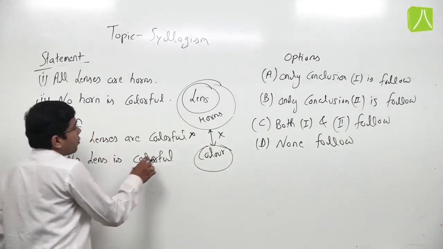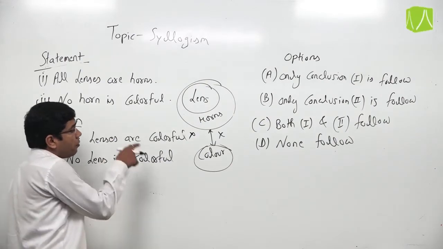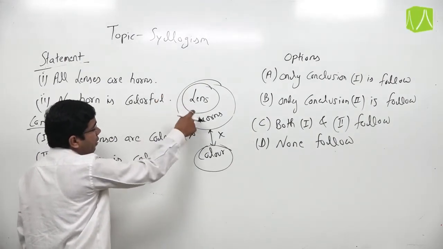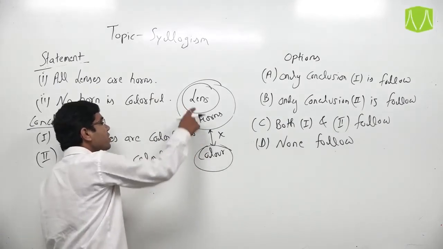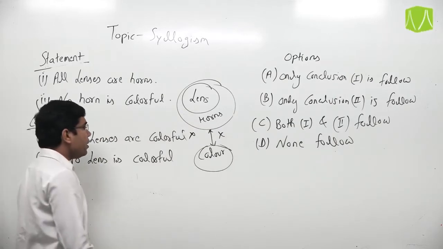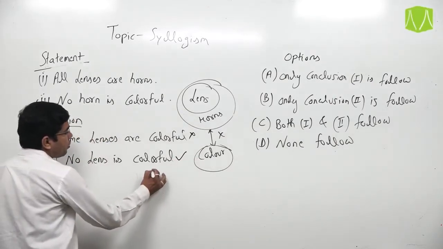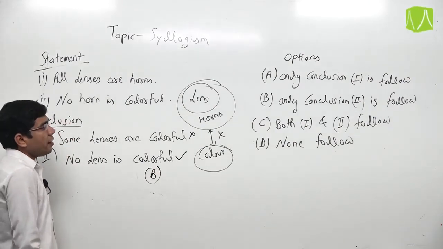Second, no lens is colorful means lens is covered by horns and horns cannot be connected with color. So it is sure that lens and color cannot connect. So the second conclusion is correct. So for this question our answer should be option B, only the second conclusion is correct.